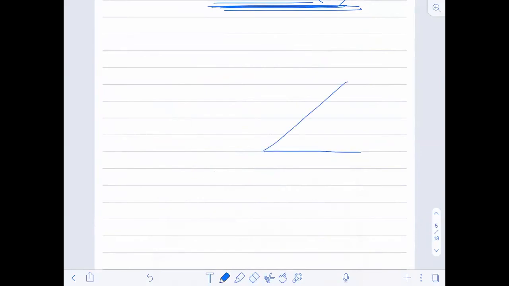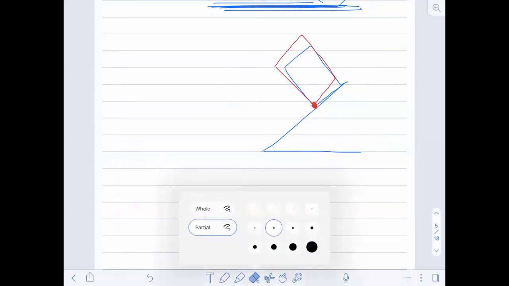The block was like this, kept on an inclined plane. If it is toppling, how will it topple? This edge, this point, will be fixed, and it will become like this. Understood? This is going to be like this.